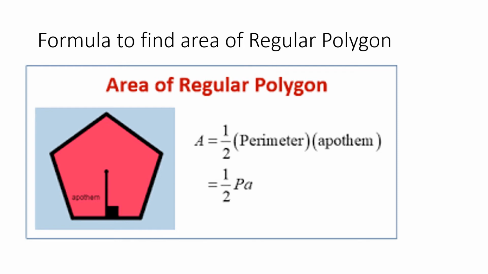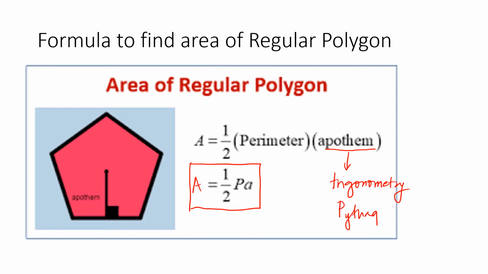The area of a regular polygon is given by 1 by 2 times perimeter times apothem. The apothem you can easily find using trigonometry, using the right triangle and Pythagoras theorem. The perimeter you can always find because all sides are equal, so if only one length is given, you multiply it with n to get your perimeter.